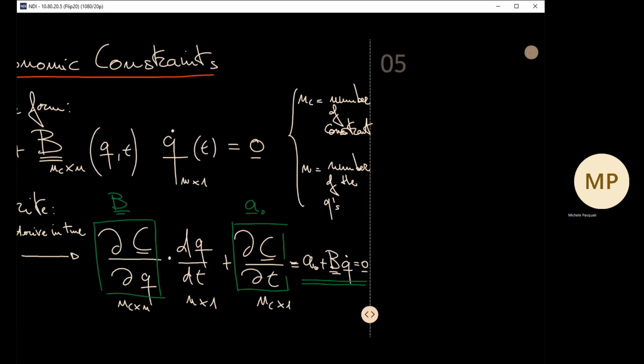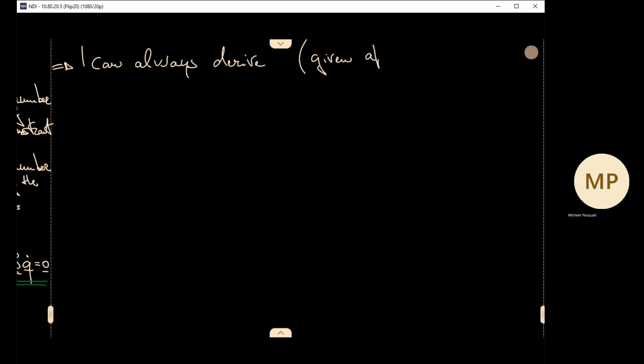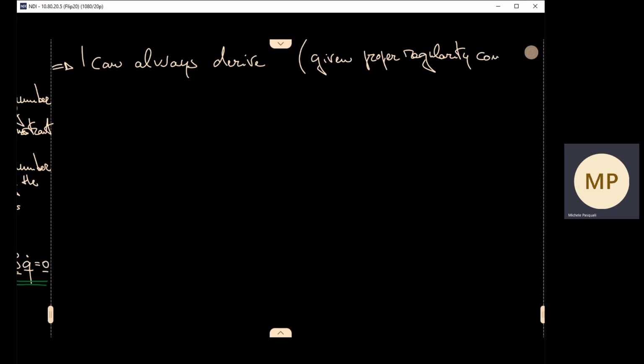So let's write it. I can always derive, given, let's say, appropriate regularity conditions. So I can always pass from here to this.